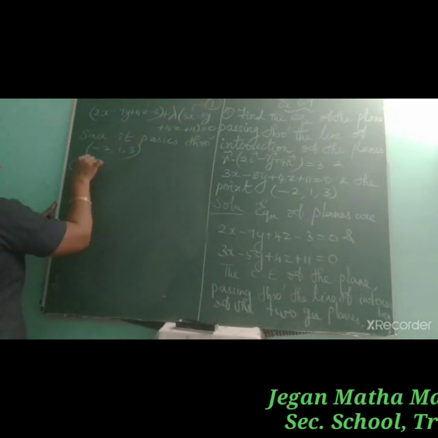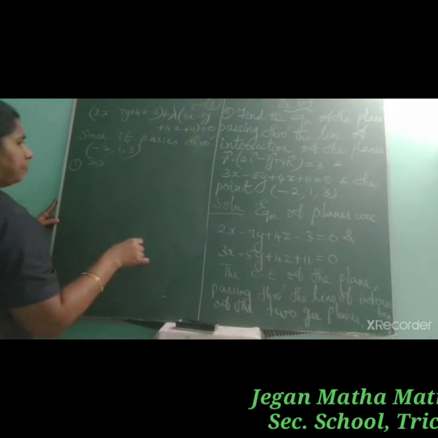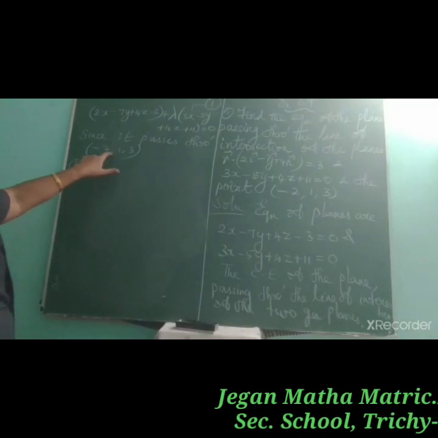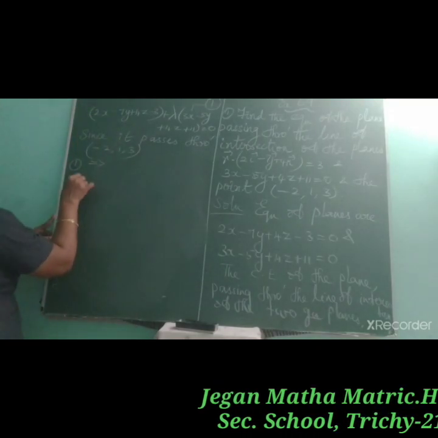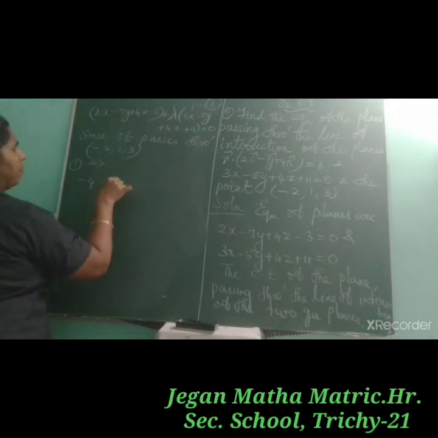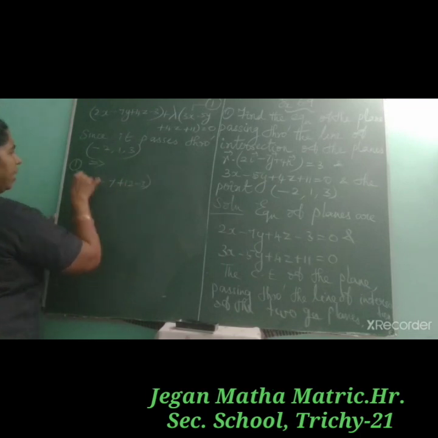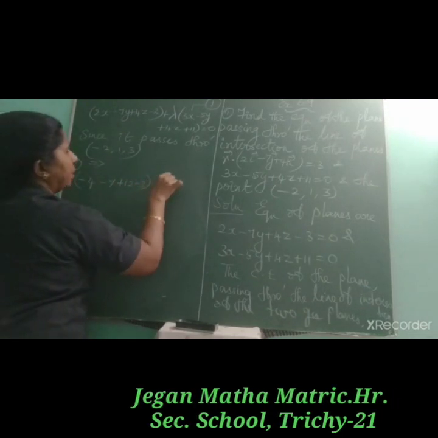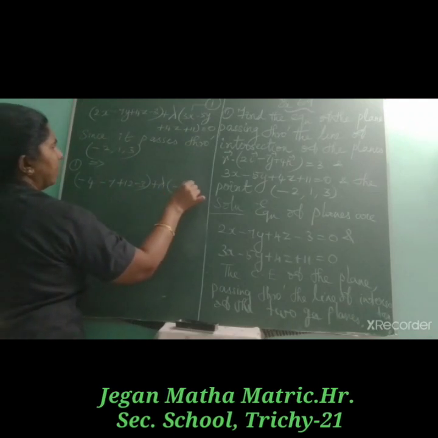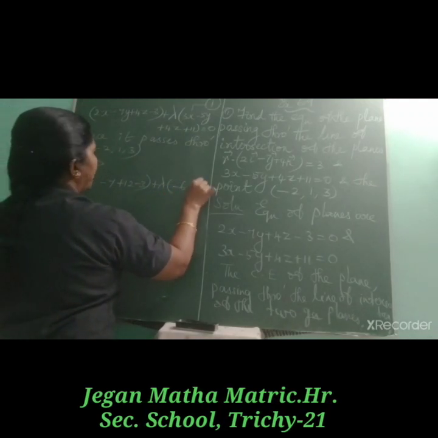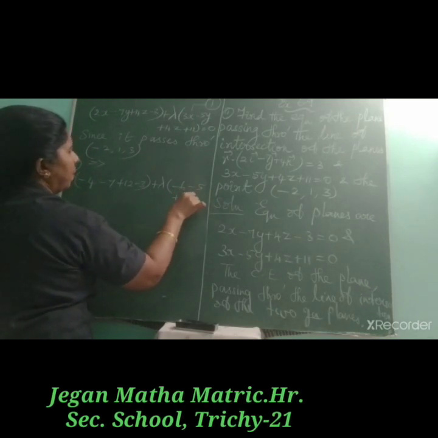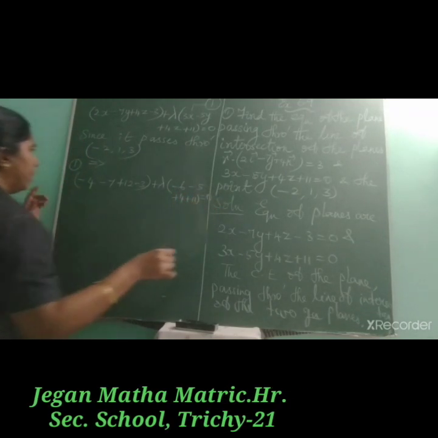Instead of x, y, z, we replace these values: 2 into minus 2, minus 4, minus 7, plus 12, minus 3, plus lambda into minus 6, minus 5, plus 4, plus 11 equal to 0.